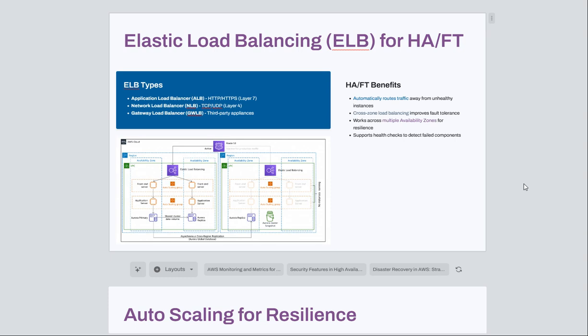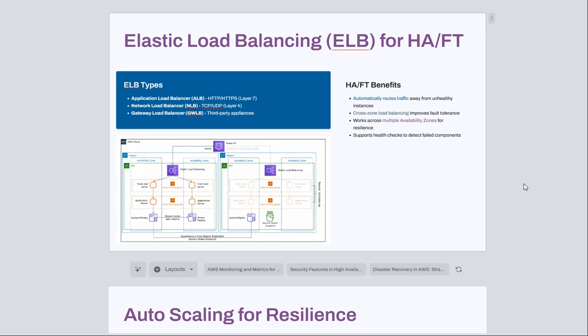So we're just discussing general high availability and fault tolerance here, not going deep into Elastic Load Balancing, like how you put in health rules and all other stuff. That will be another video, but this is the general picture of how you achieve this.